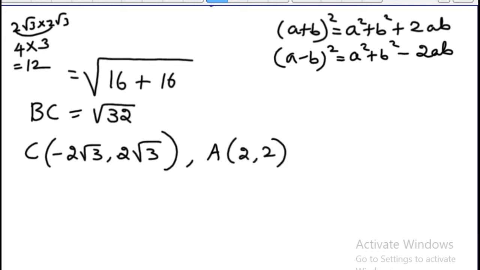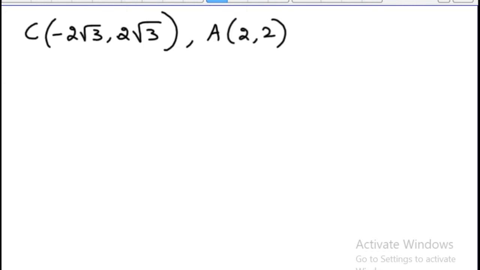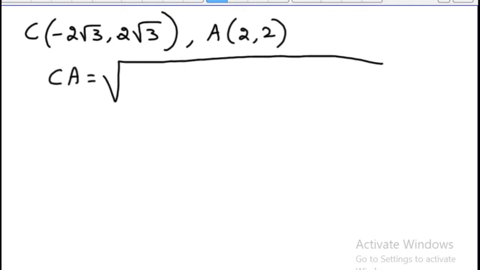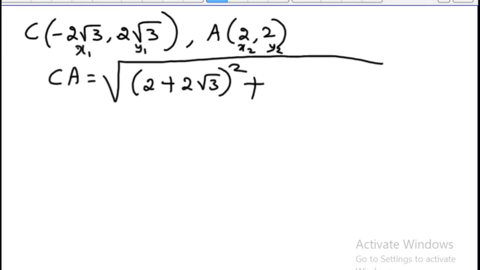Therefore again the same formula, CA is equal to square root of, you can take it as x1, y1, this is x2, y2. Okay, x2 minus x1, that is 2 minus x1, x1 is -2 root 3, so it becomes plus, so plus 2 root 3 whole square. Then plus y2 is 2, then minus y1 is 2 root 3, whole square.